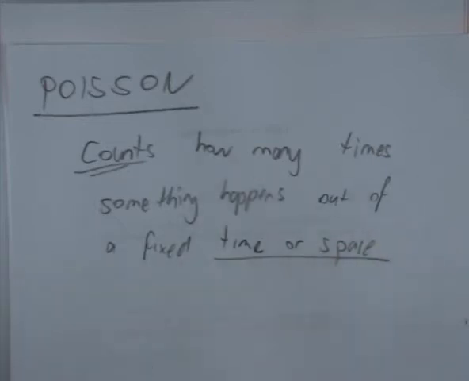And so you just watch over a certain amount of time and go, it happens here, here, here, and here. Okay? And the main difference is that binomial can only have a maximum, like if you're out of 20, binomial can only be 20 at maximum. You can't get any more than that. But Poisson can be as high as you like.